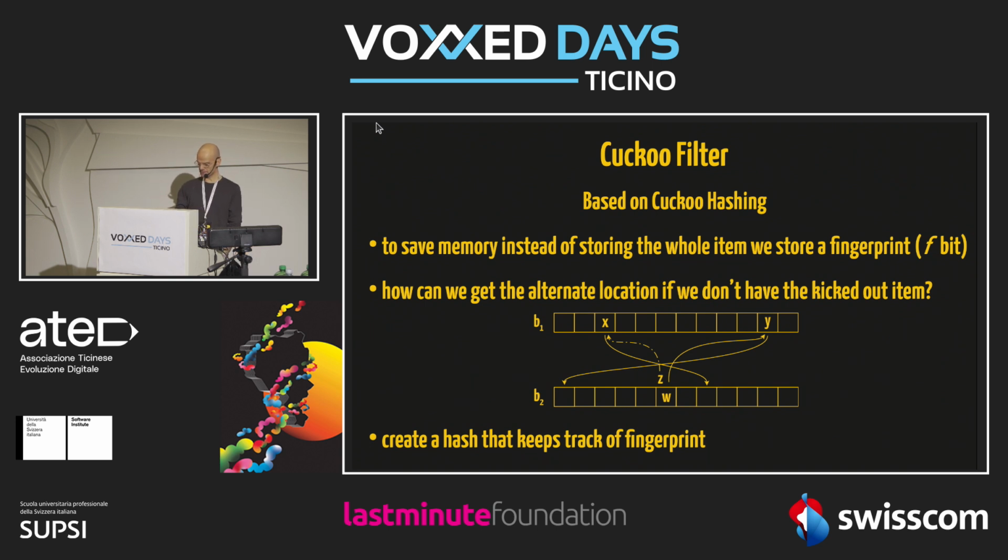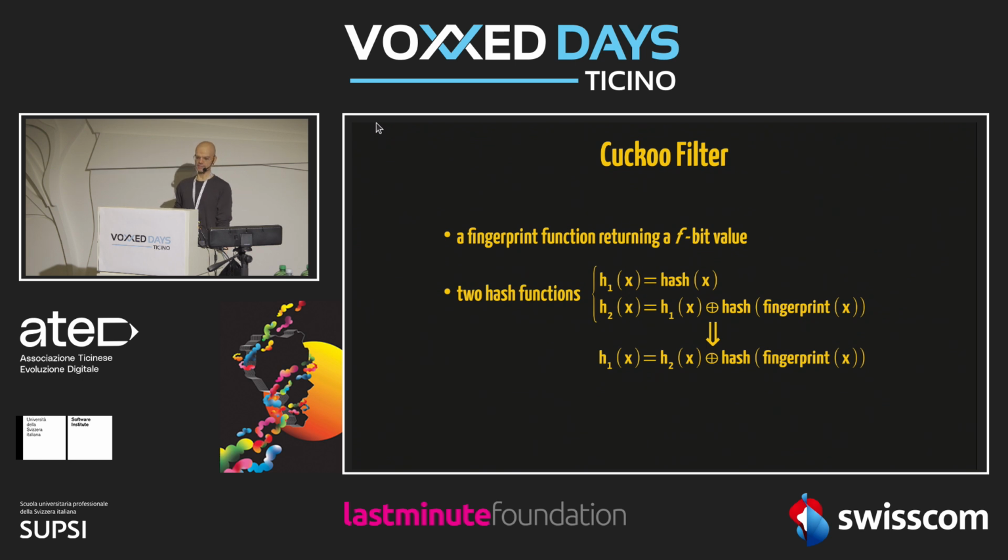In this case, what we do is create the fingerprint function, and that's fine. But then we have the two hash functions, which are defined in this specific way, which is quite clever. The first hash function is just a normal hash function, while the second hash function is the XOR operator applied to the first hash function and to the hash function applied to the fingerprint of the item.